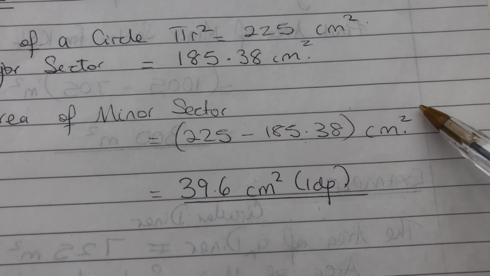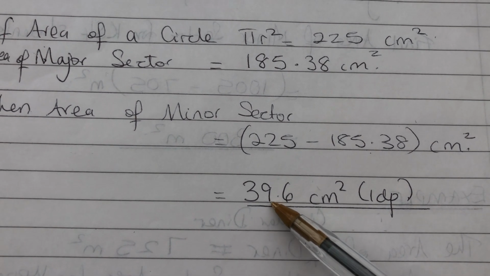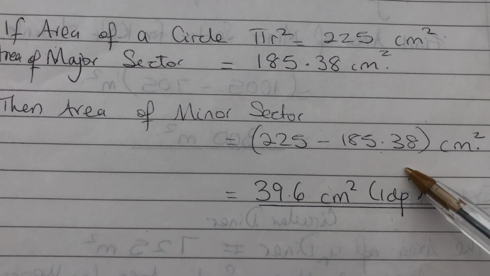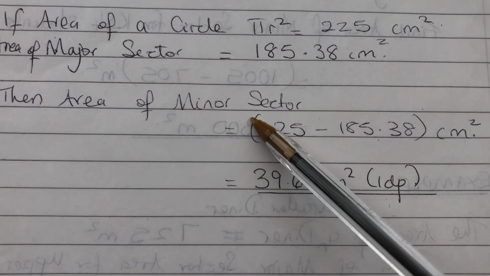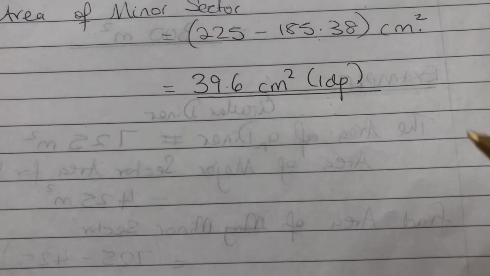If you subtract, you get 39.6 centimeters squared, to one decimal place. So this will be the area of the minor sector.